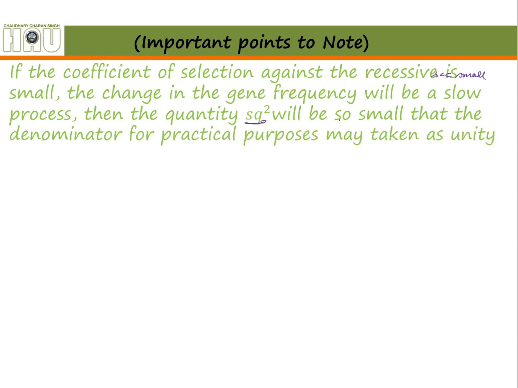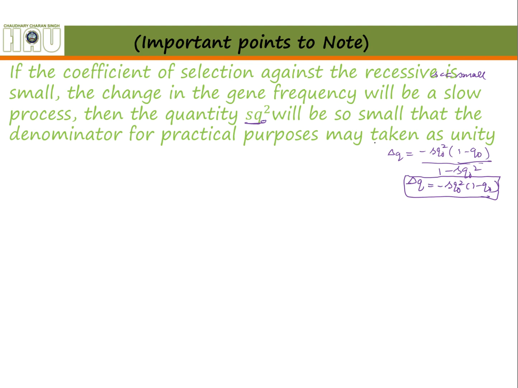Then the quantity SQ0 square will be so small that the denominator, for practical purposes, vanishes. When S is very nearly equal to 0, this term vanishes, and for practical purposes we will always use delta Q as minus SQ0 square into 1 minus Q0.